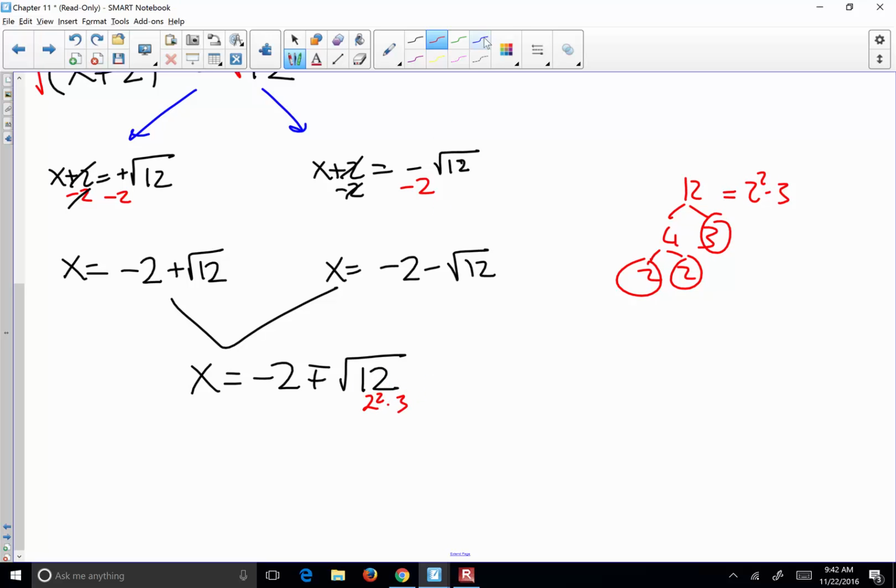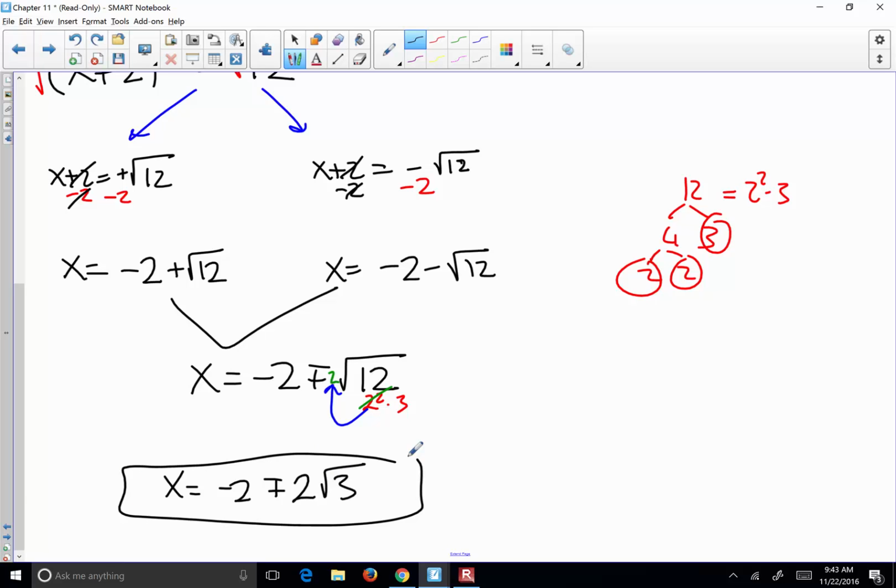You see, 2 is breaking jail. Two is gone. It's out here. 3 is still in though. So this is the best optimal answer to go into the answer box.